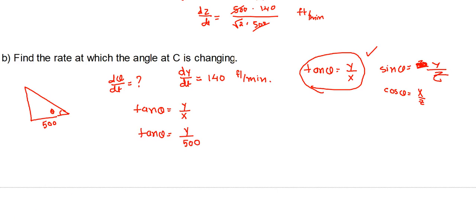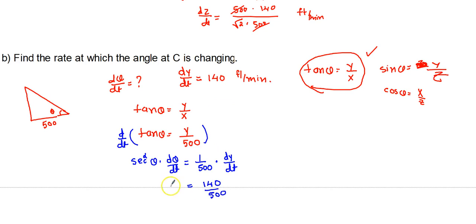x is a constant. Differentiate with respect to t. The derivative of tangent is secant squared theta times d theta/dt. The angle is changing. 1 over 500, you can write it as a coefficient. The derivative of y is dy/dt. dy/dt is given, 140. Divide by 500. d theta/dt, I do not know. Secant squared theta.